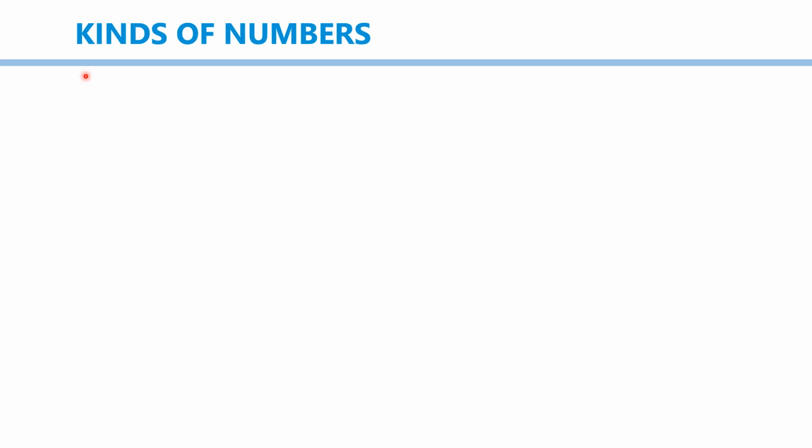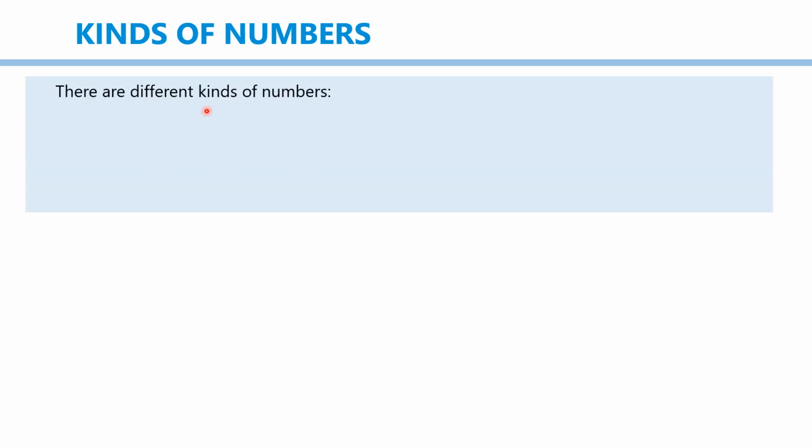Let's talk more about kinds of numbers. There are different kinds of numbers. Starting with the natural numbers, as we said before, the counting numbers that we learned when we were small: 0, 1, 2, 3, 4, 5, 10, 20, 30, 1000, 1 million, 1 billion, and so on.